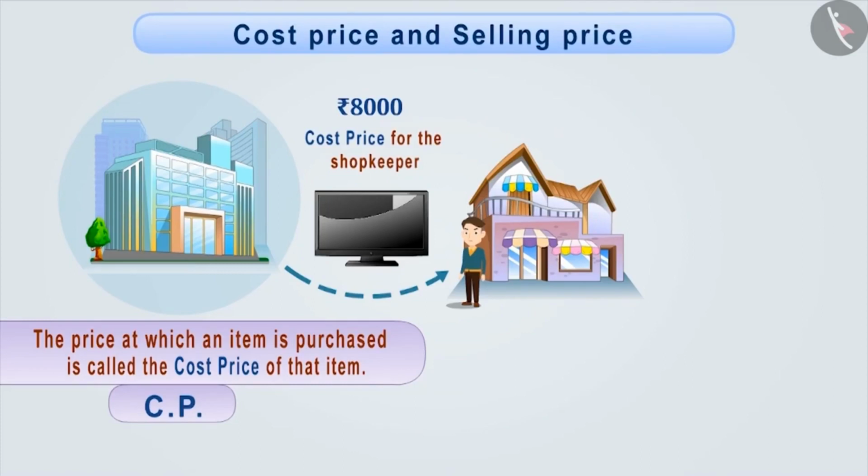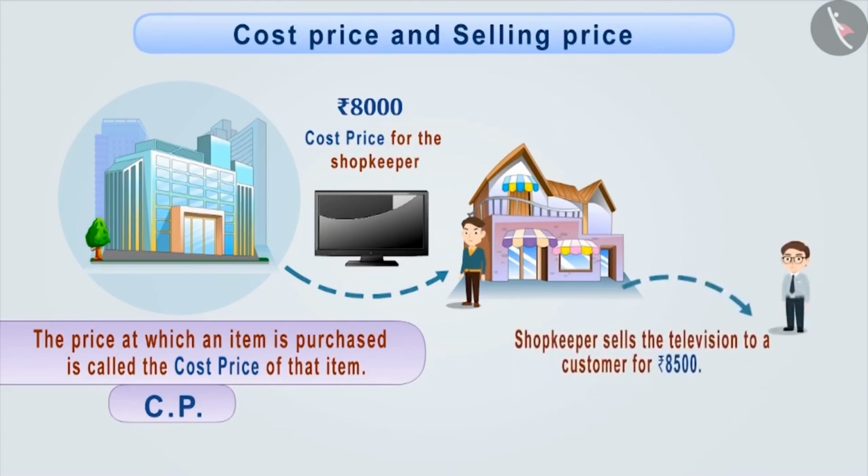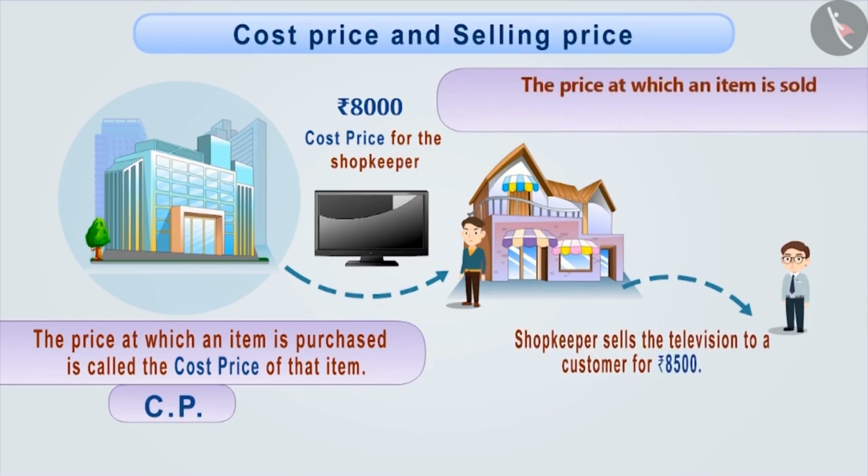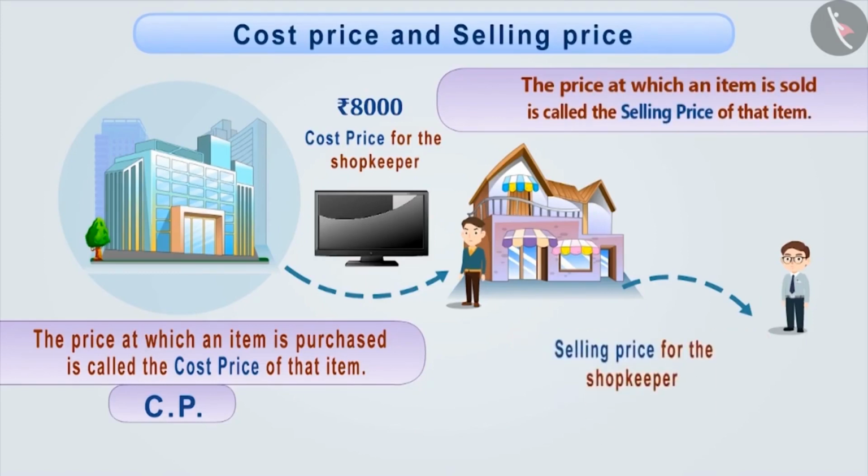Now suppose the shopkeeper sells the television to a customer for Rs 8,500. The price at which an item is sold is called selling price of that item. The selling price of the television for the shopkeeper is Rs 8,500. Selling price is simply written as SP.